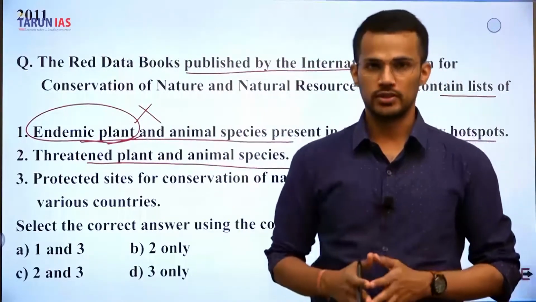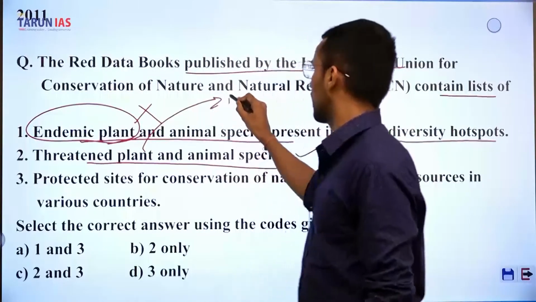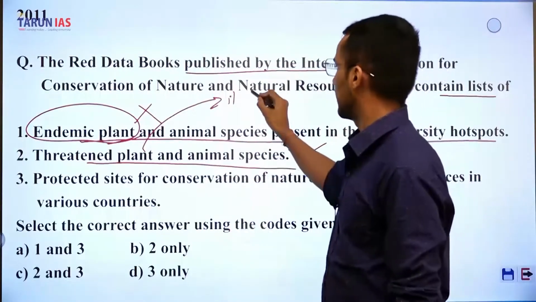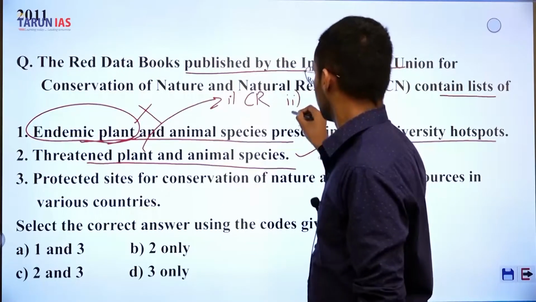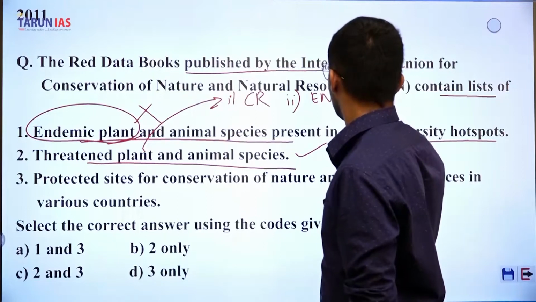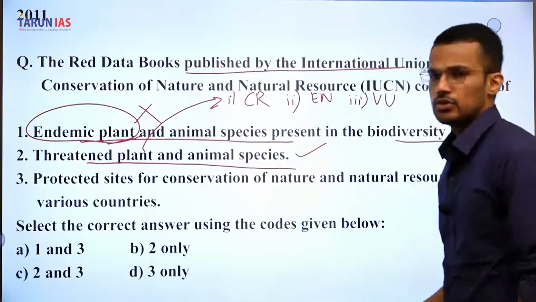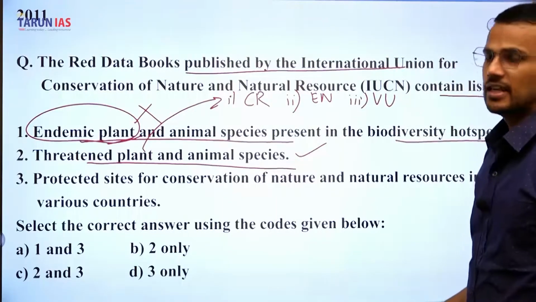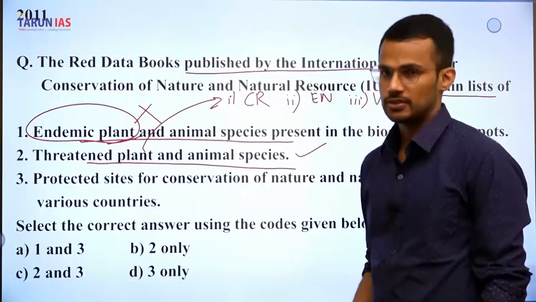of the IUCN. And these threatened plant and animal species are present under categories like critically endangered, endangered, and vulnerable, right? So under these three categories, there is presence of threatened plant and animal species.